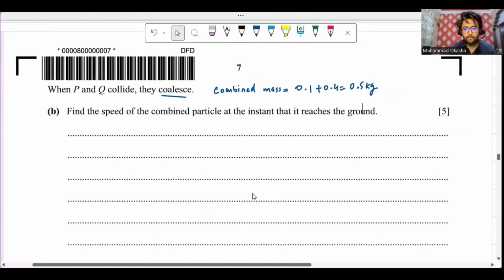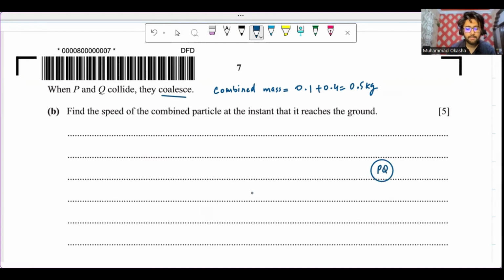So we have a big particle which is PQ, a combination of P and Q. Find the speed of the combined particle at the instant that it reaches the ground.